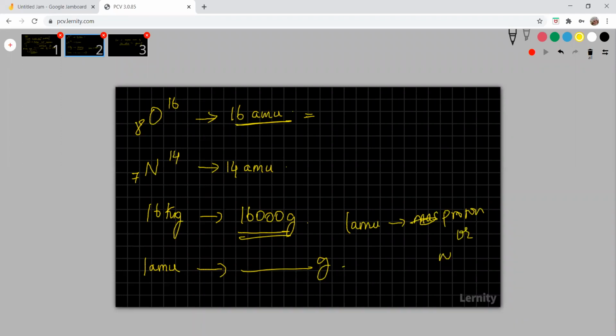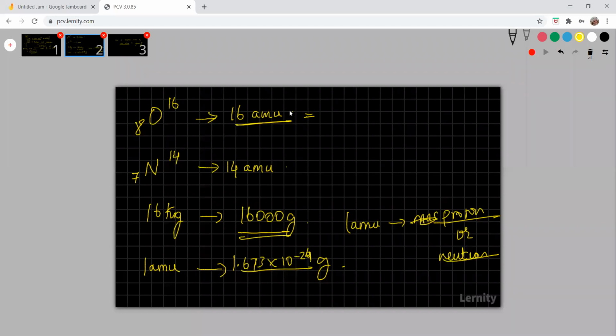So the 1 AMU you can express in grams, which is the mass of a proton or neutron in grams, which is 1.673 into 10 power minus 24 grams. Clear? So the mass of one proton is 1.673 into 10 power minus 24 grams.